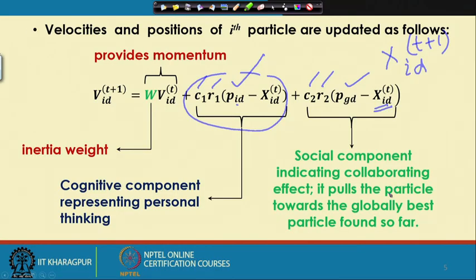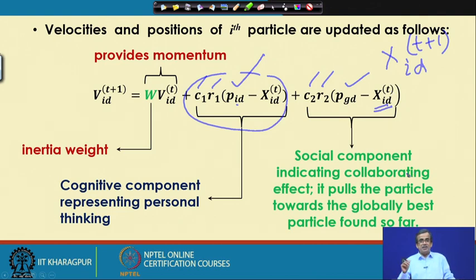So, there will be some improvement. The social component indicates a collaborating effect, it pulls the particles towards the globally best solution. So, W multiplied by V_id(t) provides the initial momentum, the second component is the cognitive component, and the third component is the social component.